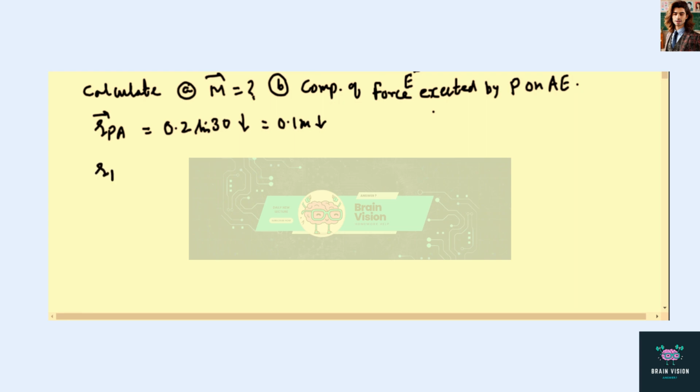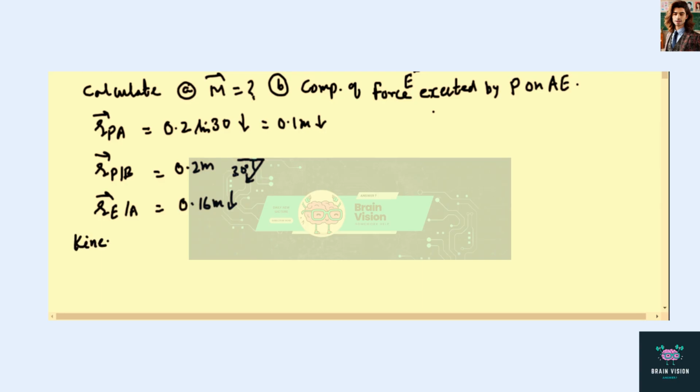Position vector of P with respect to B is 0.2 meter down to the horizontal line by 30 degree. Position vector of E with respect to A is downward by 0.16 meter.